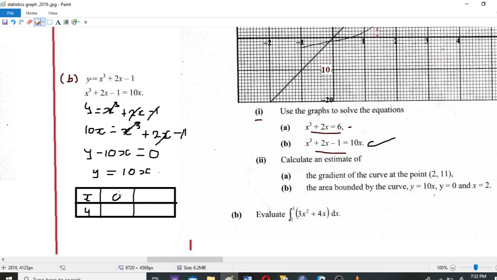So we assume that x is 0 in this equation, which we have obtained after solving, that is y is equal to 10x. If we substitute x with 0, our y is going to be 0 as well, right? Just pay attention. If we substitute y with 0, x will come out as 0 as well.